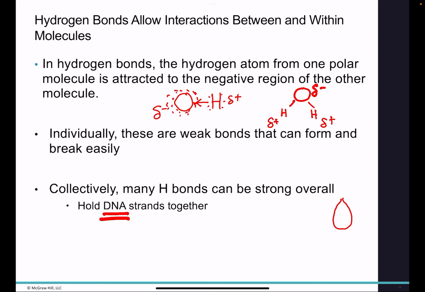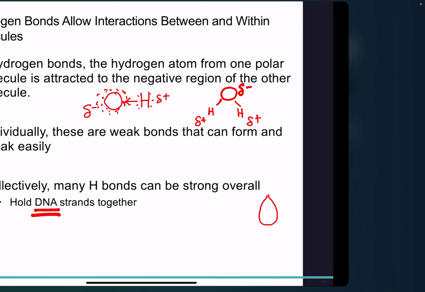In fact, DNA is a double-stranded molecule, meaning that it is two chains that are essentially attracted to one another, and they are held together by hydrogen bonds. So our molecule that contains all of the information for life is still held together by these hydrogen bonds in the center. So hydrogen bonds are really important for our cells and for our functions in our cells.